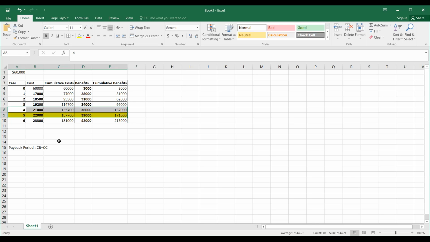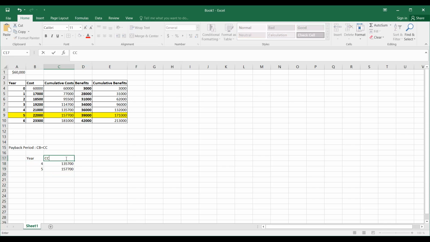Now this is an easy and simple way to do this. This is what I'll do. I will have the years written here: year 4 and 5, and these are your values.